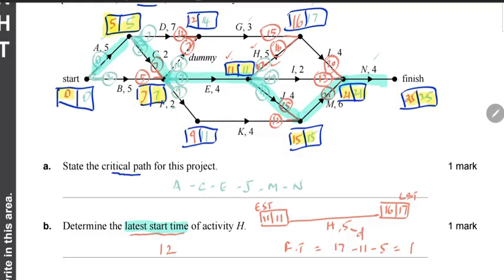And that would be a different question to find float time, okay? This is just a little revision of some concepts. Okay, so in order to find the latest start time, it's always good to go and see the value at the beginning of the edge, while doing the backward scan.